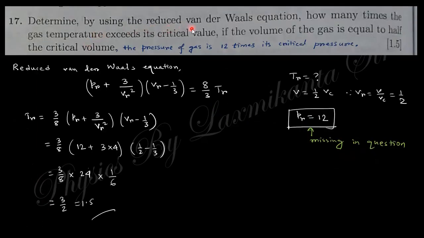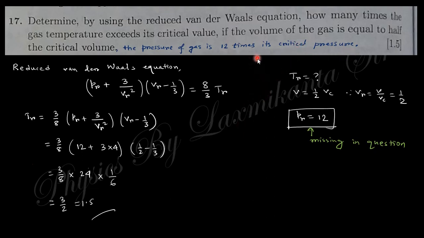Determine by using the reduced van der Waals equation how many times the gas temperature exceeds its critical temperature. That means you need to find the TR, that is T by Tc. If the volume of gas equals half of the critical volume, that is VR equals half, and the pressure of the gas is 12 times. Actually this is not written in this question, but this is an error, otherwise we cannot find the answer.